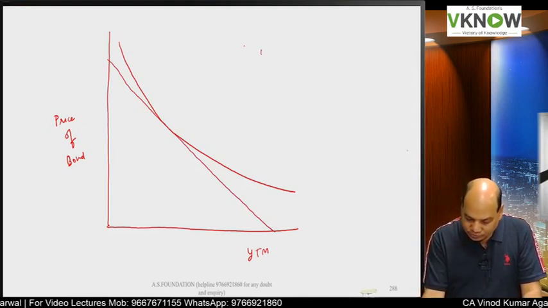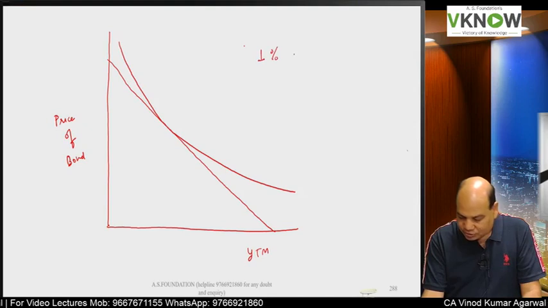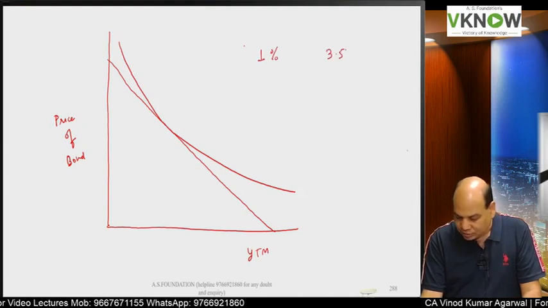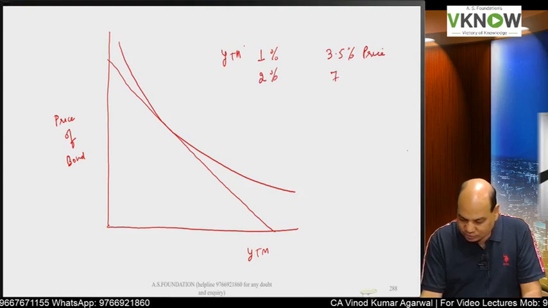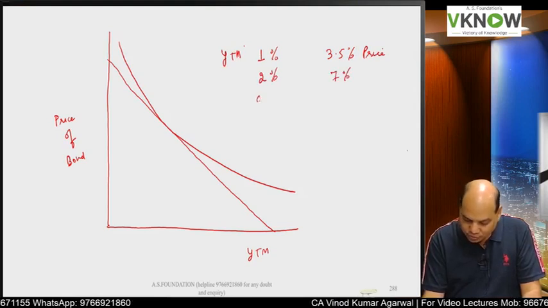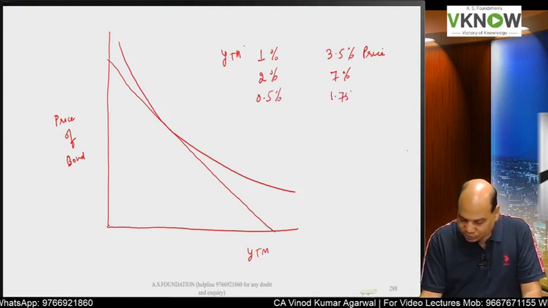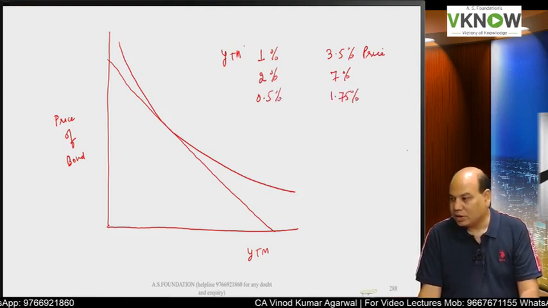Duration says 1% change in YTM, 3.5% change in price, which means 2% change in YTM means 7% change in price, 0.5% change in YTM, 1.75% change in price, but it will not happen.